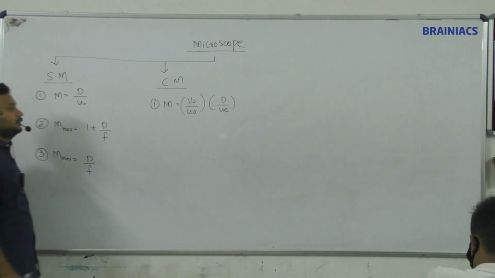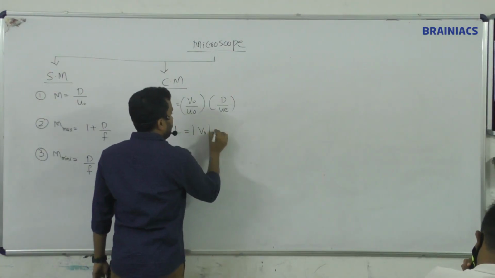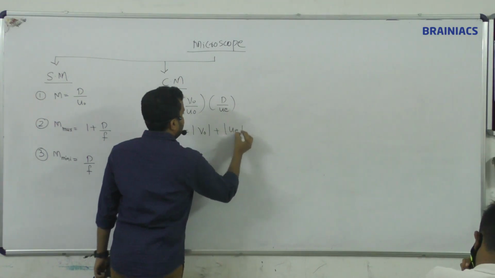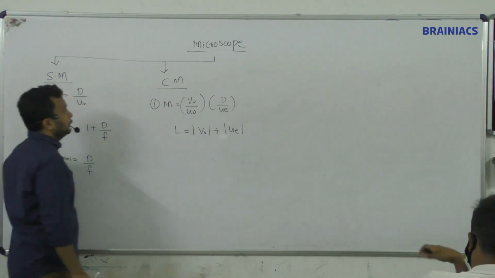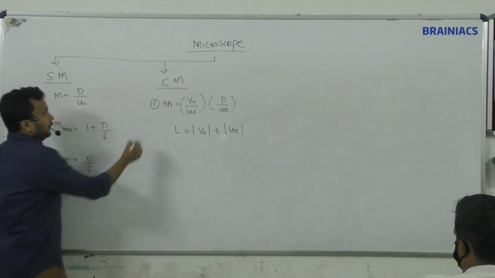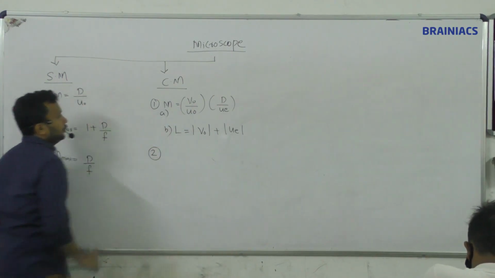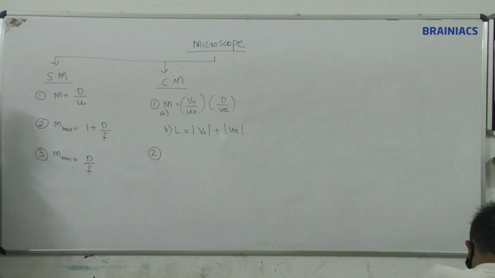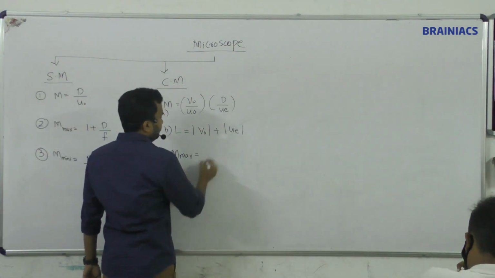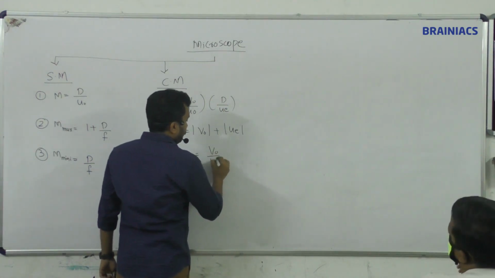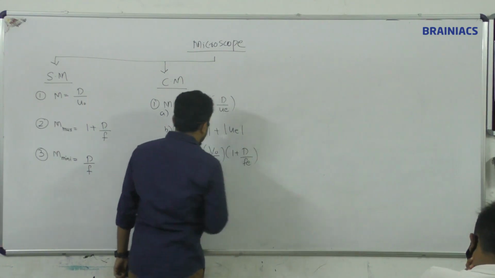In this case there is also a formula for length. Length means what? V0 plus UE. This is 1A, 1B. Now going to 2: M max, maximum magnification, is V naught by U naught into 1 plus D by FE.